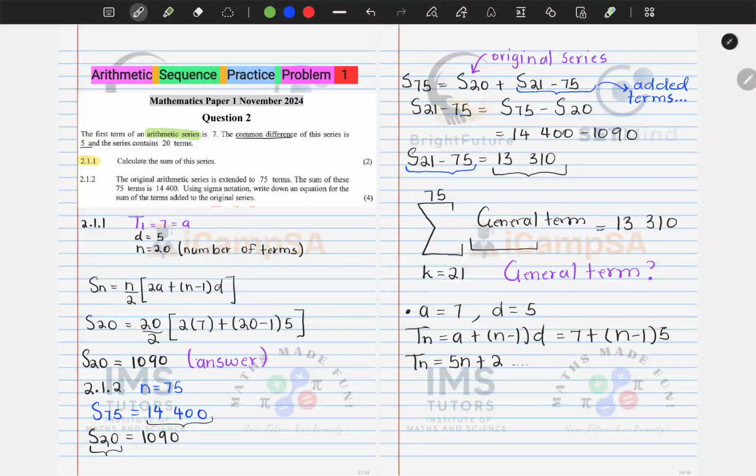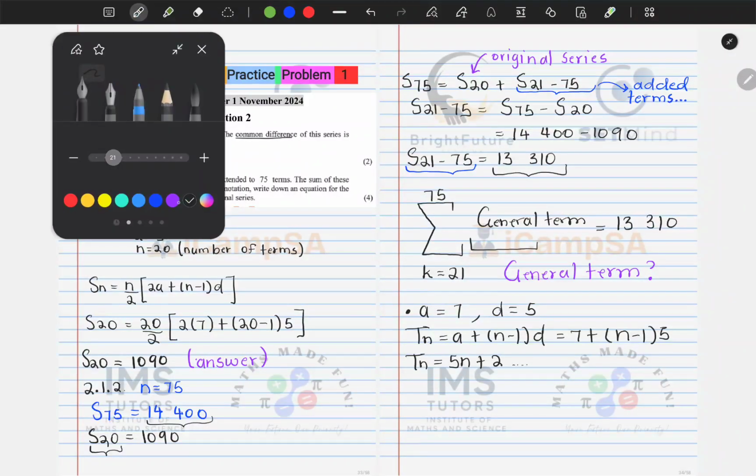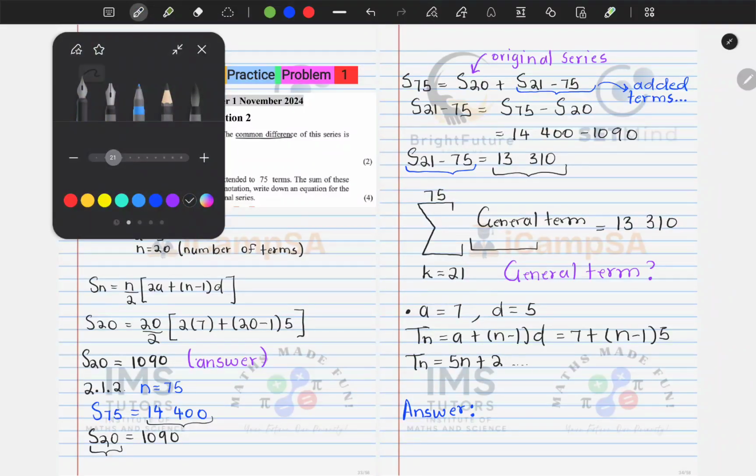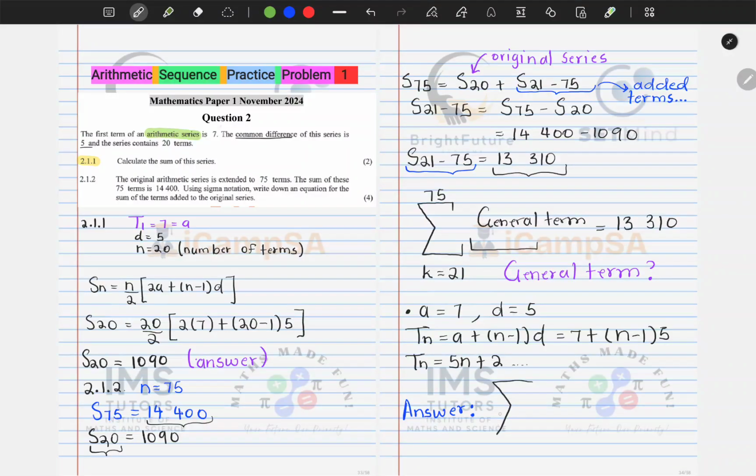But remember, whenever we are using the sigma notation, we always replace n with k. So our answer in sigma notation will be our sigma sign, starting from k is 21 up until we get to 75, then our general term is 5k plus 2, and the sum will be 13,310.